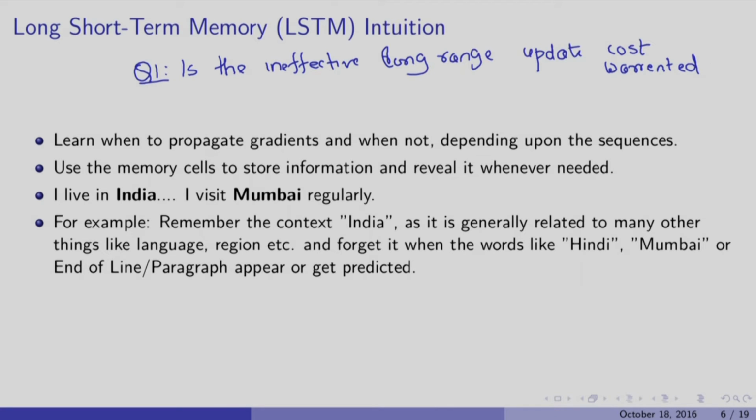And here is an example. I live in India, I visit Mumbai regularly. So if the context India was further qualified using the keyword Mumbai, you could actually reduce the range of possible keywords that might occur next.